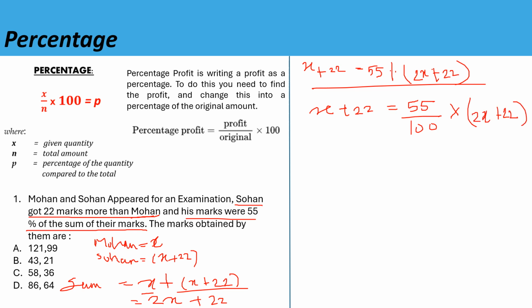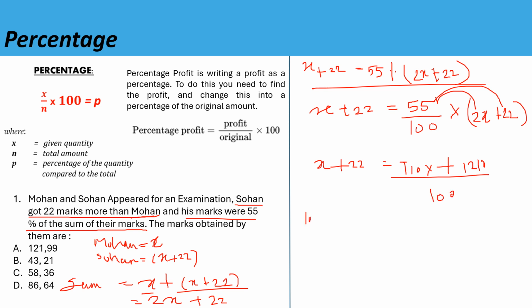So now if we calculate, x plus 22 is equal to 11x plus 1210, if we multiply this and this, divided by 100.